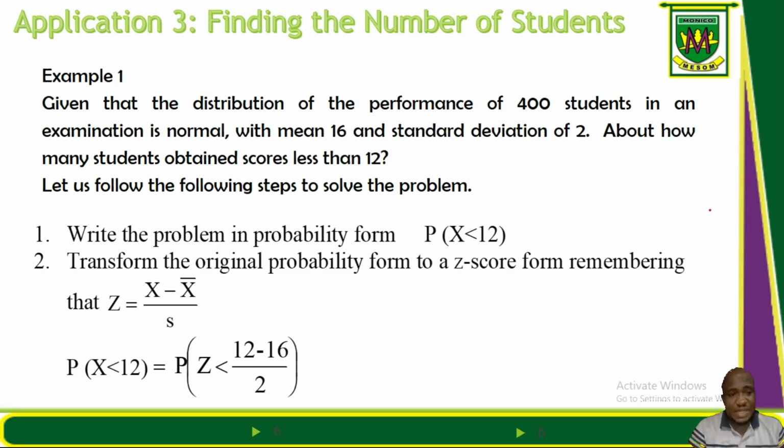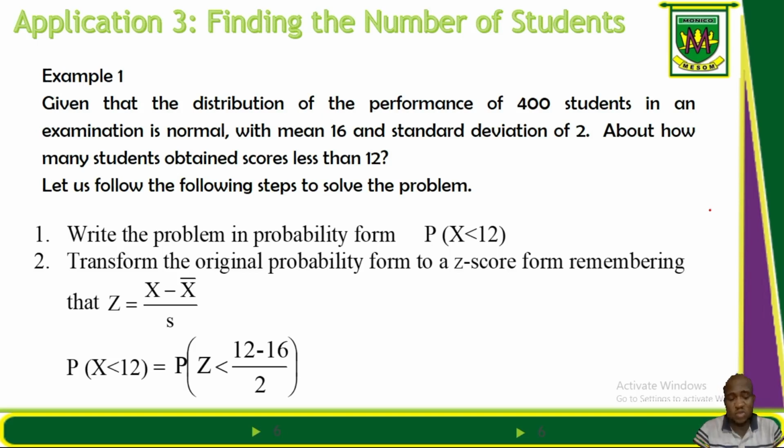Now the final aspect of this session, the third application, finding the number of students, the actual number of students. Anytime the question asks you to find the actual number of students, you move a bit further, just like we did for finding the percentages.